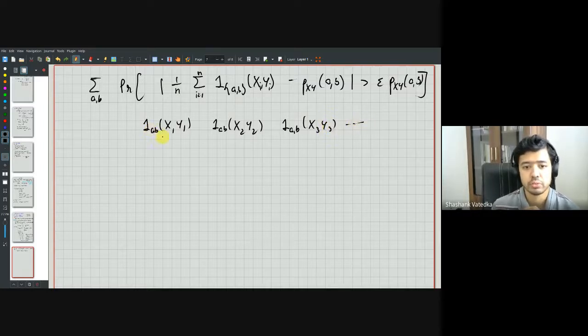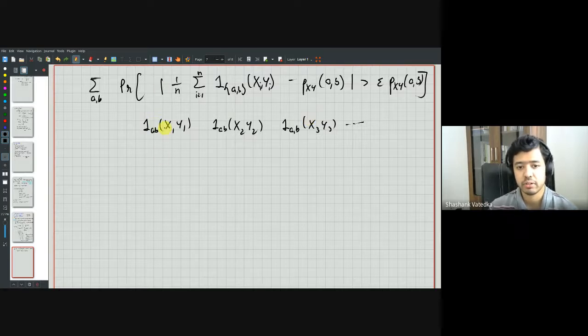This is equal to 1 if X_1 equal to a and Y_1 equal to b, this is equal to 1 if X_2 equal to a and Y_2 equal to b, and so on. So the summation counts the number of times (a, b) occurs as a pair in X^n and Y^n.